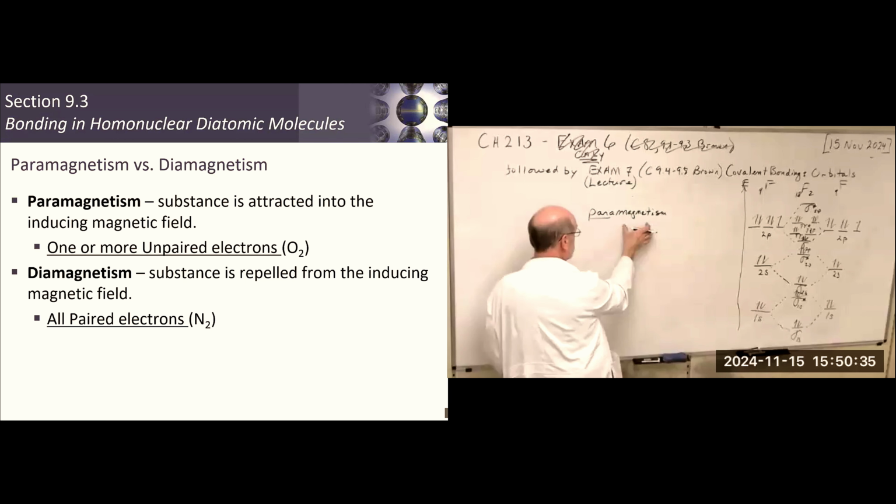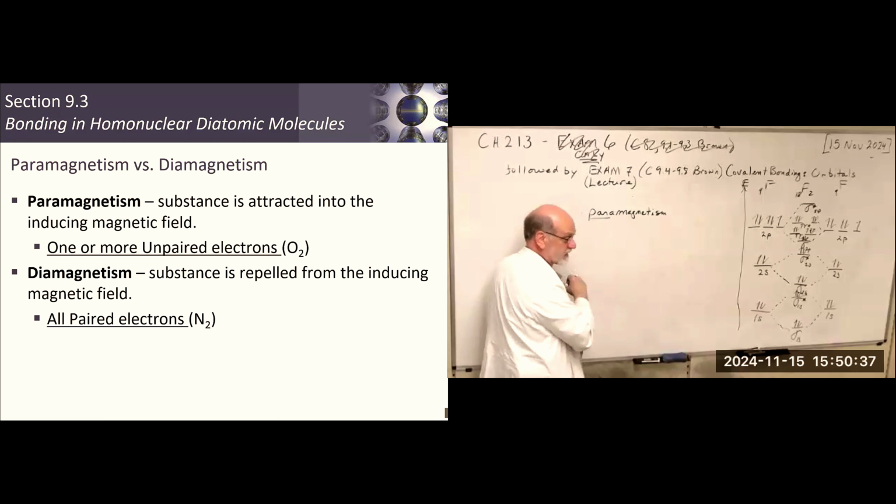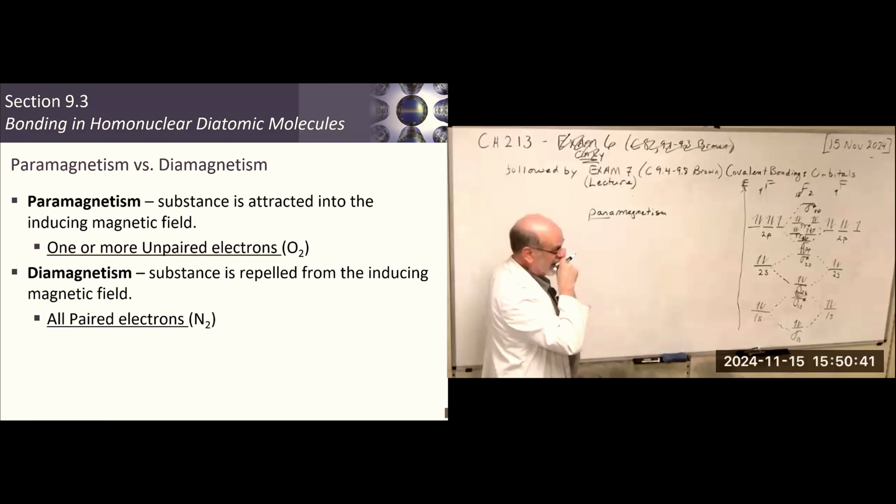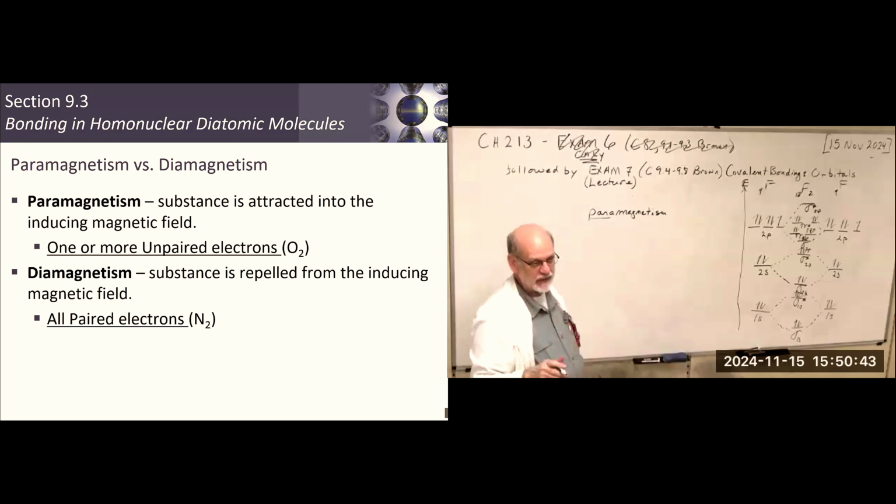So paramagnetic means it likes magnetic fields. It's drawn into the magnetic field. And that happens whenever you have unpaired electrons in the molecular structure, which is characteristic of oxygen. It has 2 unpaired electrons.